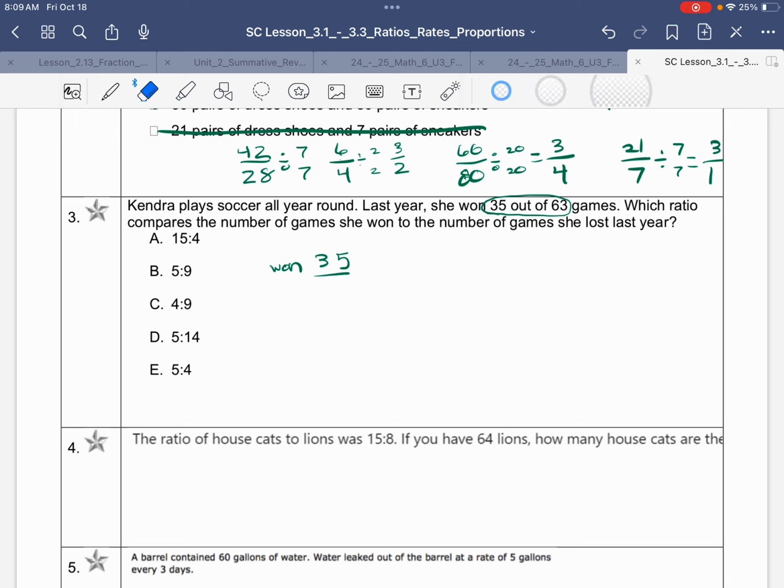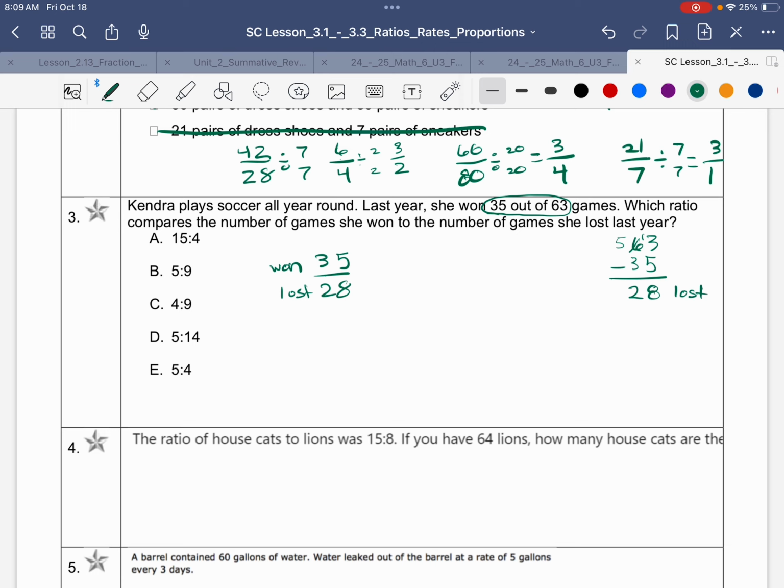So first, that's her total games. So how many did she lose? How we figure that out is her total games minus the ones she won. So that would be 28 lost.